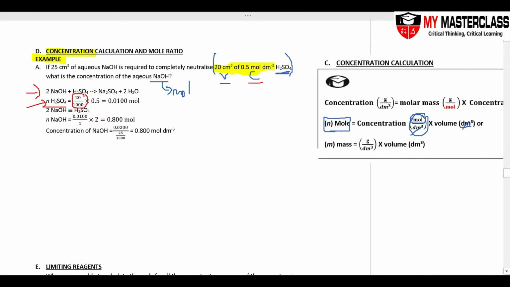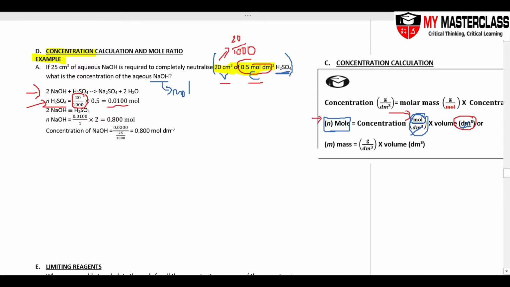Why do I do 20 divided by 1000? It's because my volume has to be in dm³. So 20 divided by 1000 converts your cm³ to dm³, times 0.5, which is your mole per dm³, your concentration. This gives me 0.01 mole.